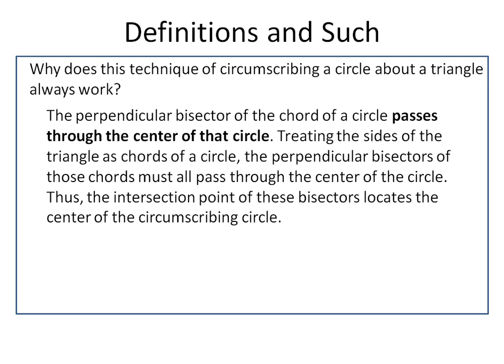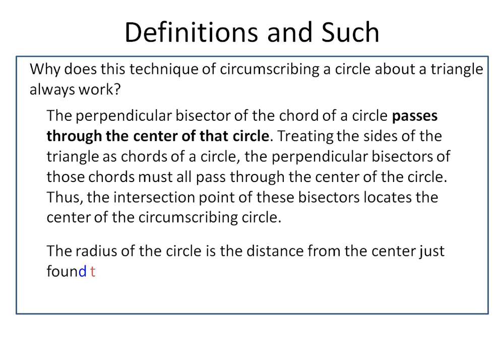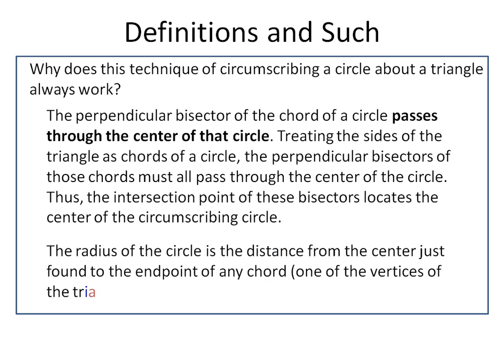So treat the sides of the triangle as chords of a circle. The perpendicular bisectors of those chords must all pass through the center of the circle. Thus, the intersection point of these bisectors locates the center of the circumscribing circle. The radius of the circle is simply the distance from the center just found to the end point of any chord. So one of the vertices of the triangle is where that would be, and it's any one of those.